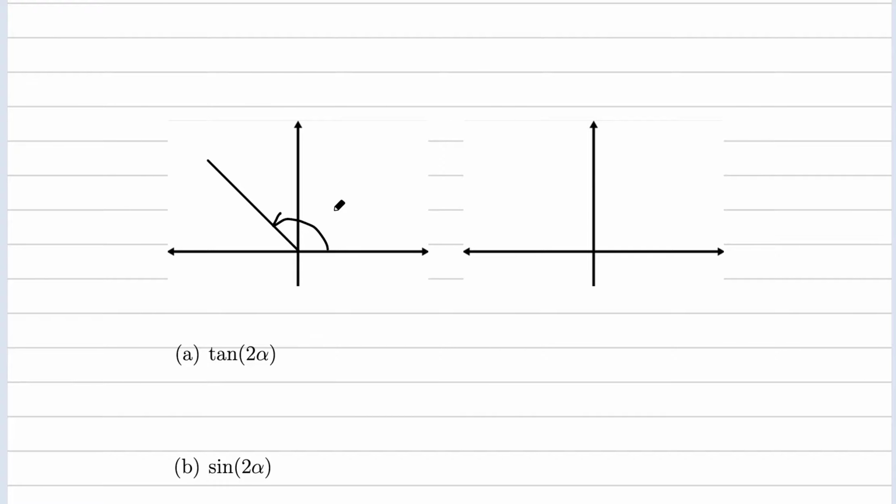So here is alpha, which is bigger than pi over 2 and less than pi, and we always drop a perpendicular on the x-axis, so we have a right triangle. So adjacent is x, opposite is y, and hypotenuse is r.